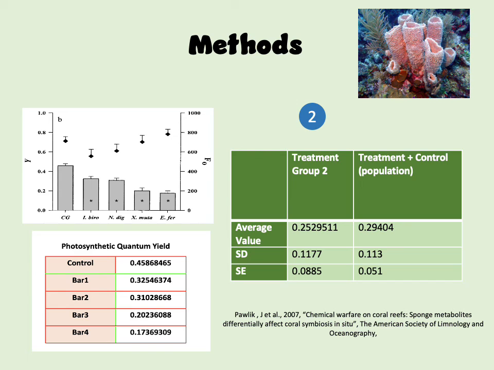I also calculated standard deviations and errors to look at the distribution of the data. So having the averages from both populations allowed me to catch comparisons in the mean outcomes between treated and untreated corals, and find that there was a similar treatment effect for corals and sponges in this interaction.